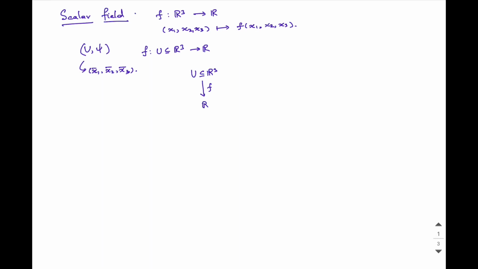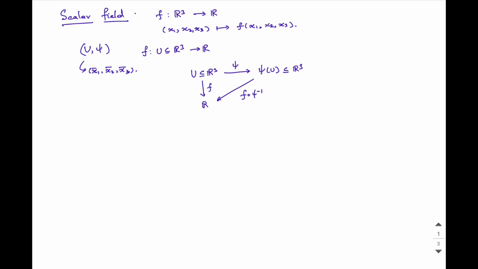So I'm going to draw a commutative diagram to illustrate this idea. And psi is a coordinate system. In particular, psi transforms U to an open subset psi of U of R3. So this immediately tells you that this map, which goes from psi of U to R, is nothing but f after psi inverse.